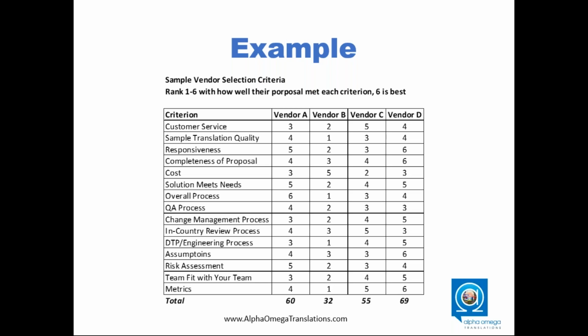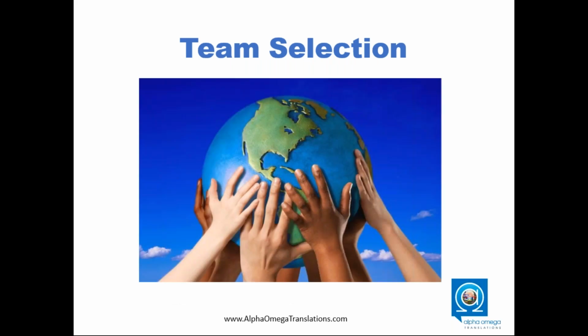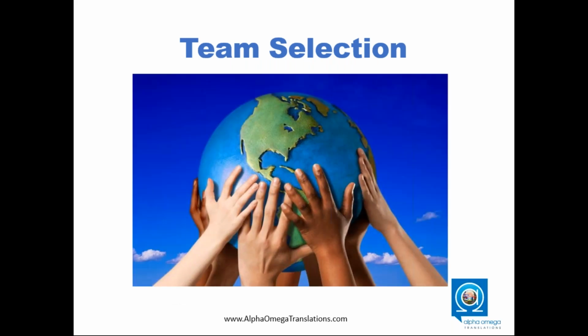All right, here's an example of an evaluation. So you would use the same evaluation spreadsheet for everyone in your team to evaluate vendors. This will help you organize your thoughts and streamline the responses from everyone. You want to get a team to work on the RFP.